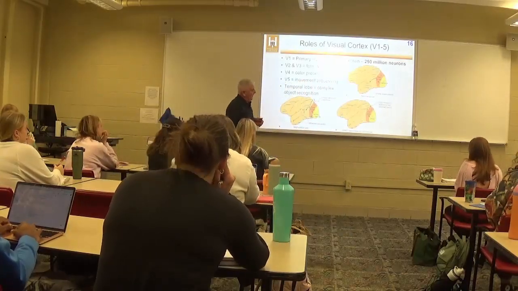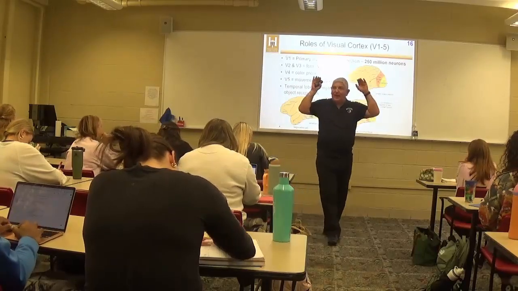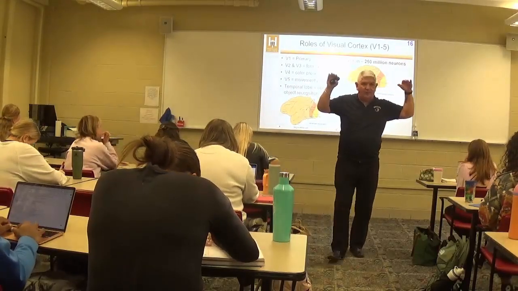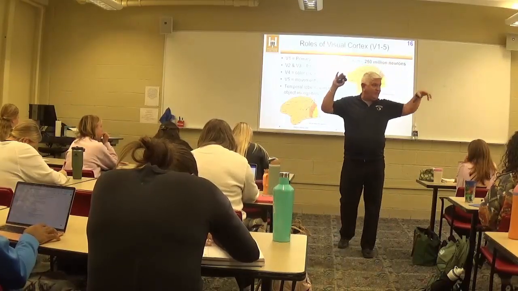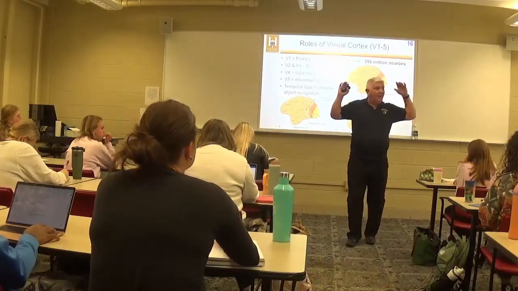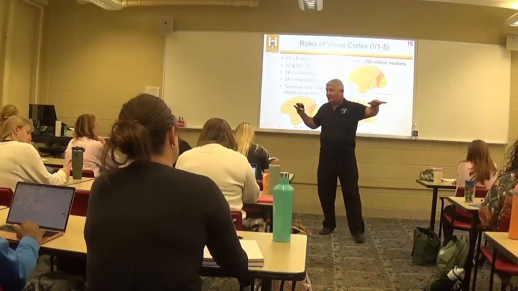Then we have a dorsal pathway that's going up into the parietal lobe, headed towards our frontal lobe. And what does our frontal lobe do? Executive functions, making decisions about stuff.